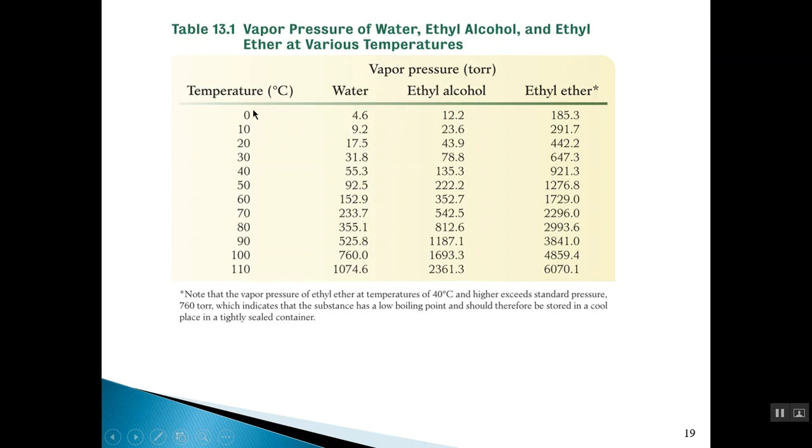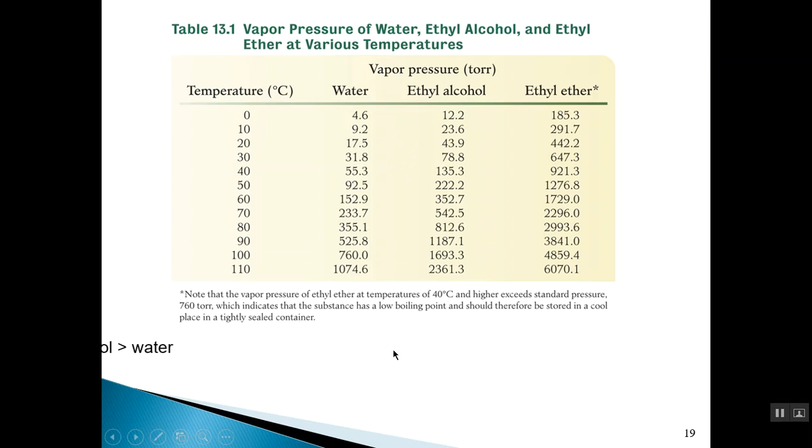But as you can see, as the temperature increases, the vapor pressure of the water increases. And that is true also for the other liquids, right? True for any liquid. For any liquid, as you increase the temperature, the vapor pressure of that liquid increases.